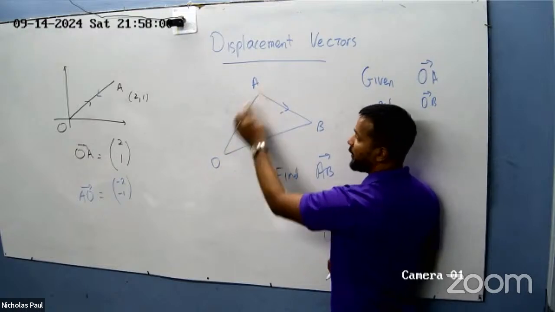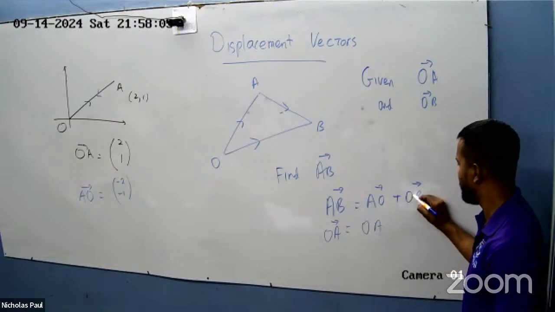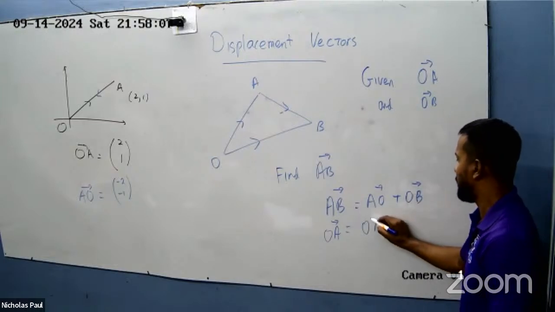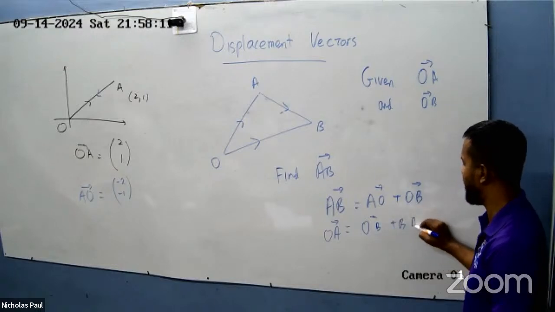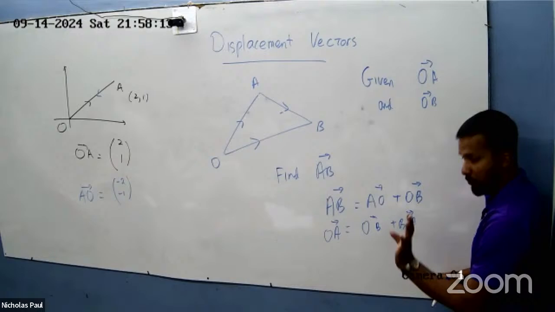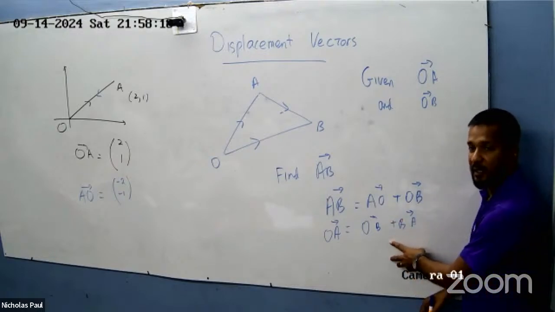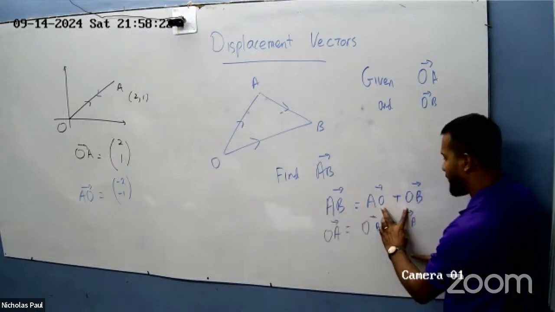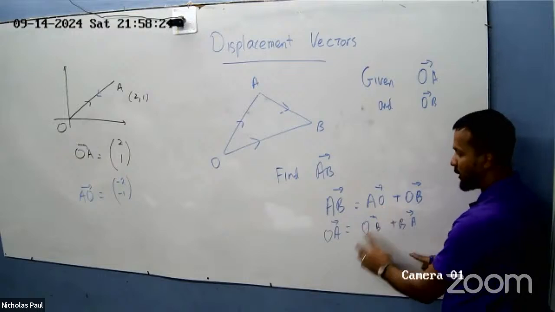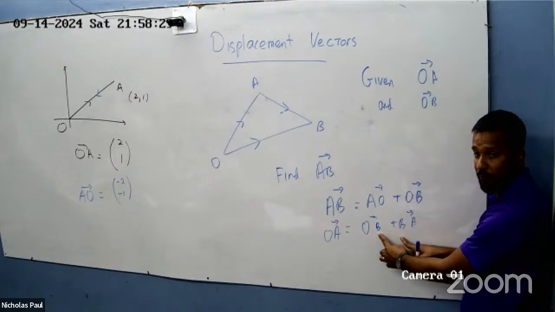So O to A will be O to B, B to A. You always see a pattern, right? And the pattern is we split these apart and you put the next letter in here. You're seeing that? Split them apart and then put the next letter in there. You okay with that?